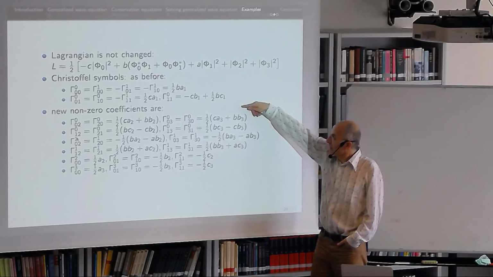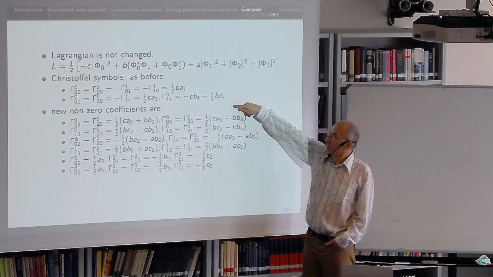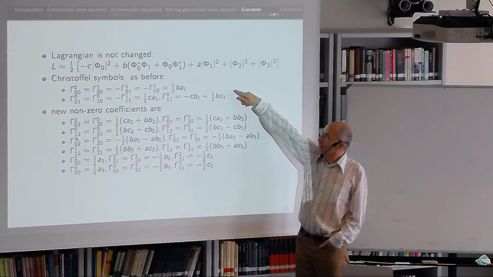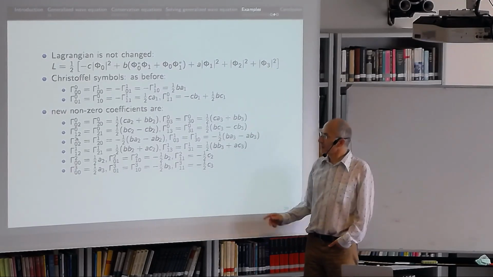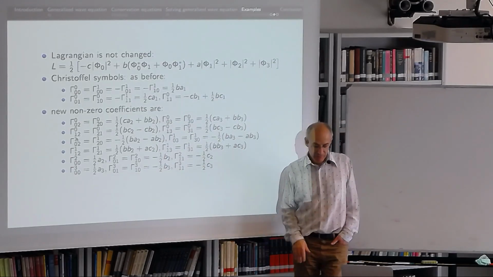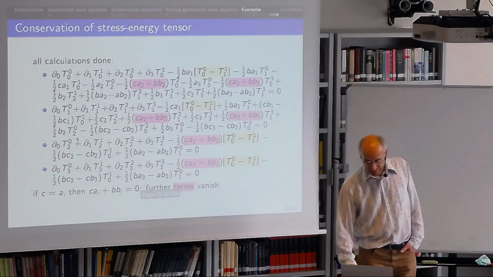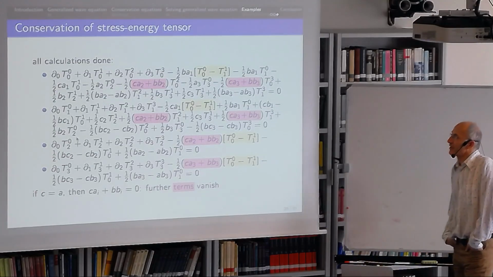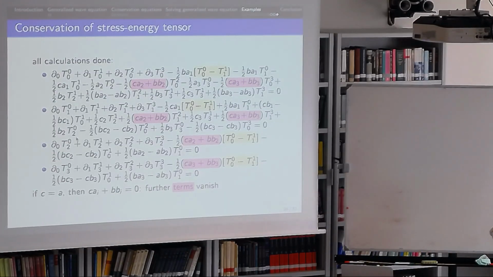We still get this, I don't remember how many, 8 Christoffel symbols, but we get many more here which are non-zero, and this means that the stress energy tensor takes a much more complex form.